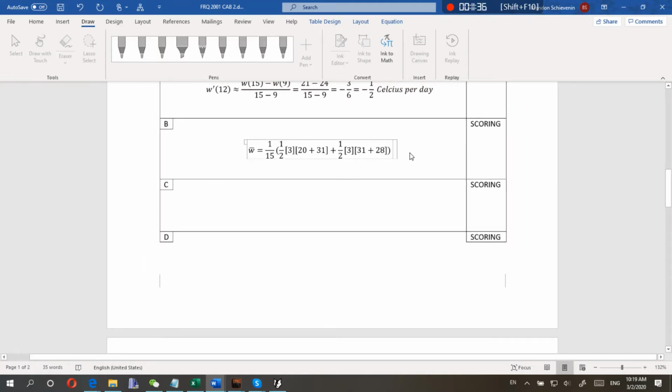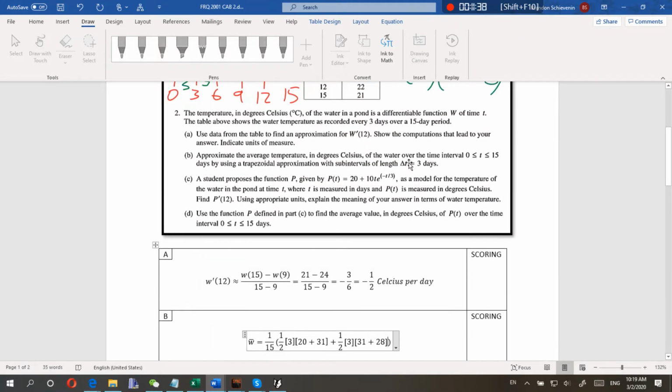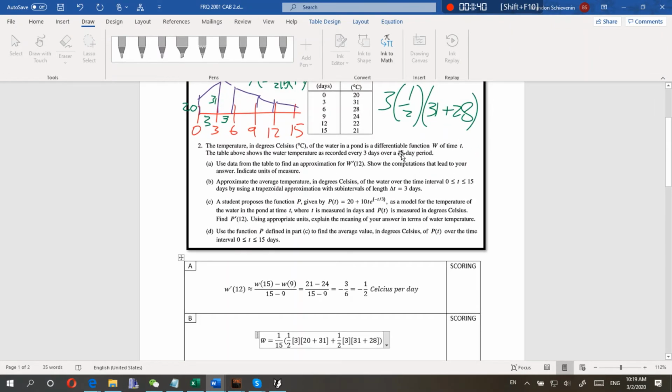Okay, and I'm just going to keep doing that for all of these. Plus 1/2 of 3 times 28 plus 24. Plus 1/2 3 times 24 plus 22. Plus 1/2 of 3 times 22 plus 21.